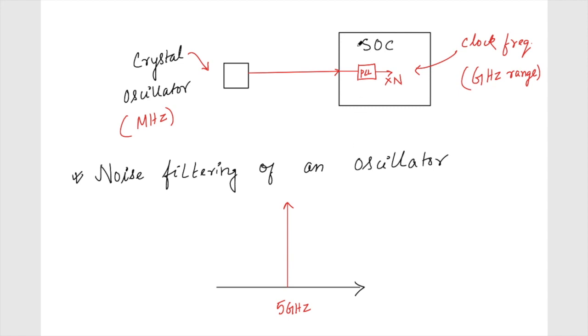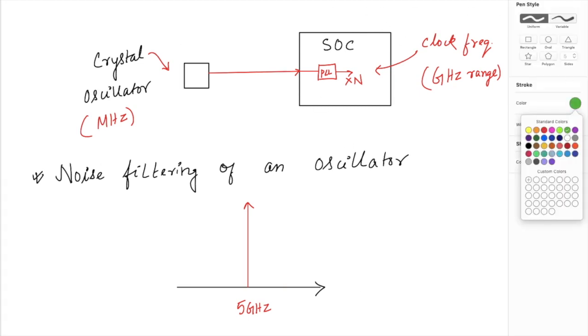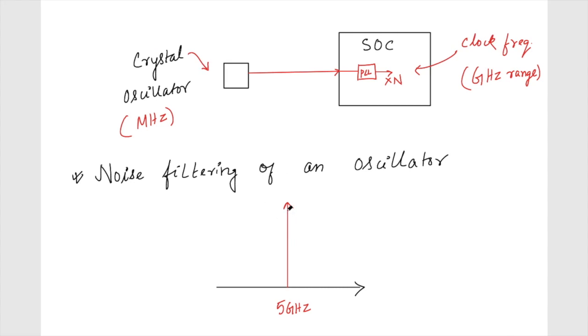If we draw the frequency spectrum, because of device noise and many other things, there will be a band of other frequencies coming up, which is not good.